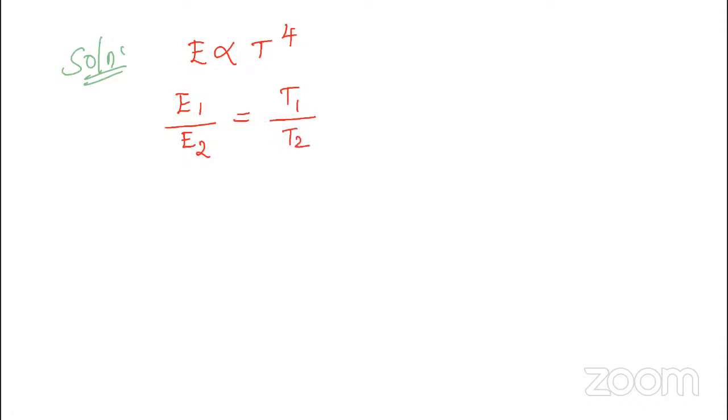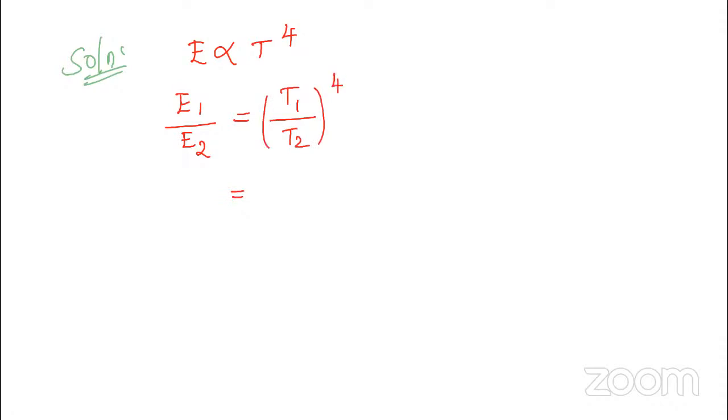Solution: here we know that E is directly proportional to T power 4. Here they have given two temperatures, so we write E1 by E2 is equal to T1 divided by T2, the whole power 4. This formula you have to use.